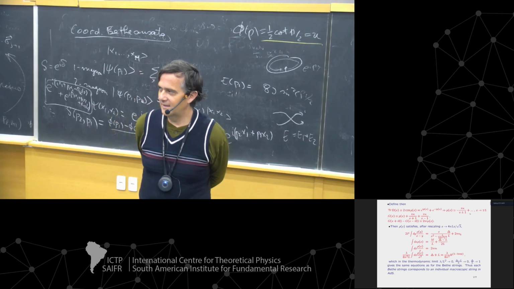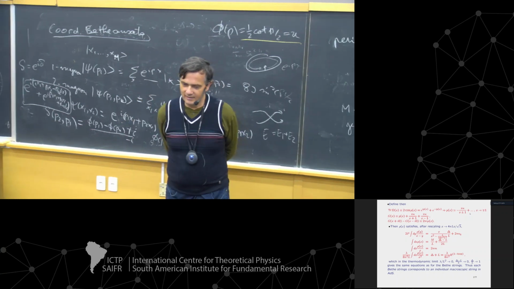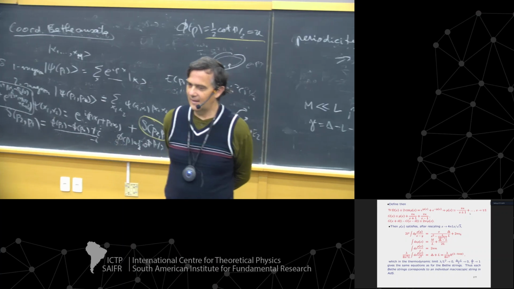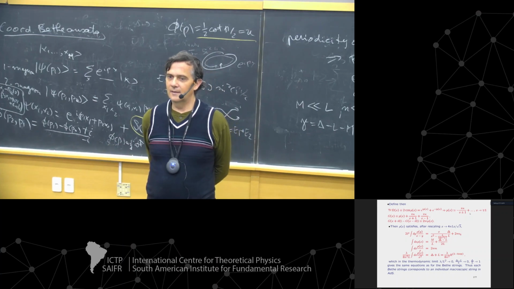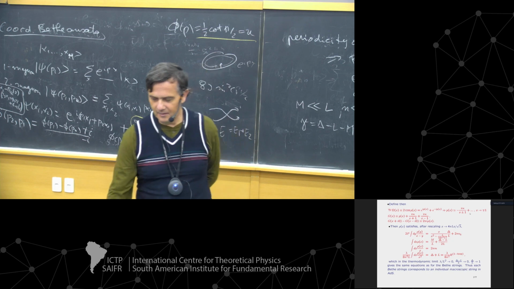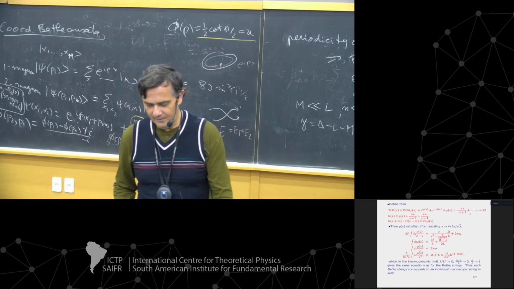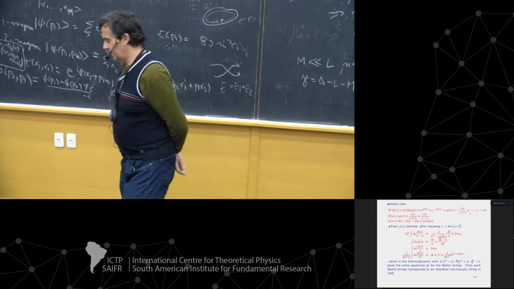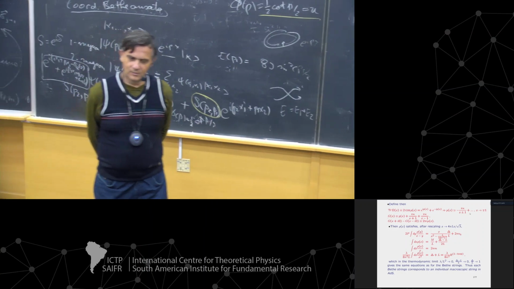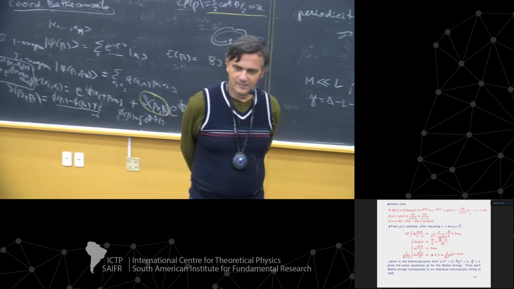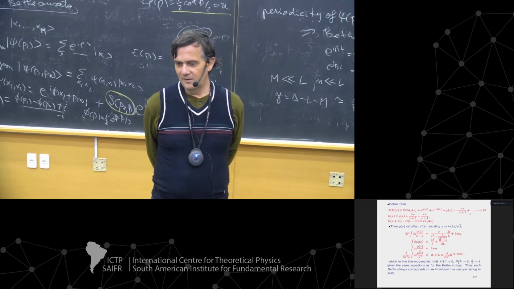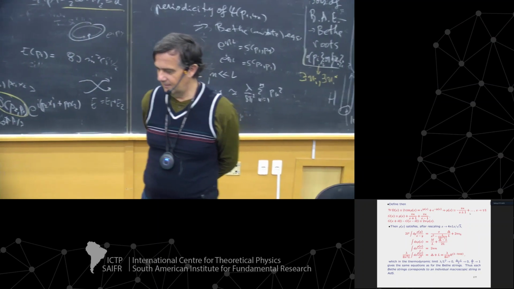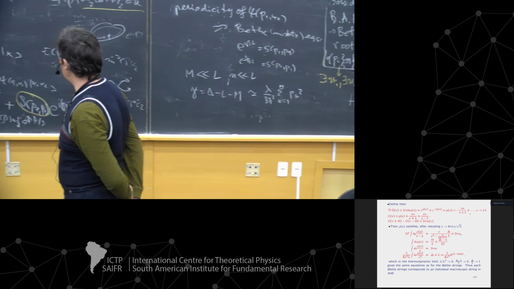So T T-bar deformation is a deformation in 2 dimensions that preserves integrability and solvability and so on. So I tried to give an answer to what it would mean to deform the gravity dual, what it would mean to deform the world sheet of the string, and finally what it would mean to deform the spin chain.